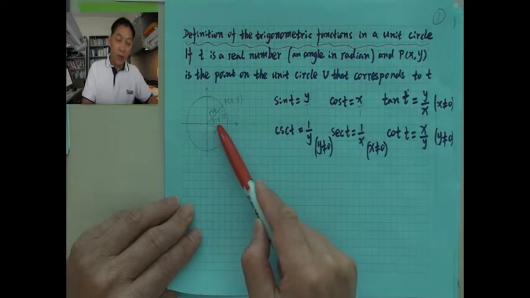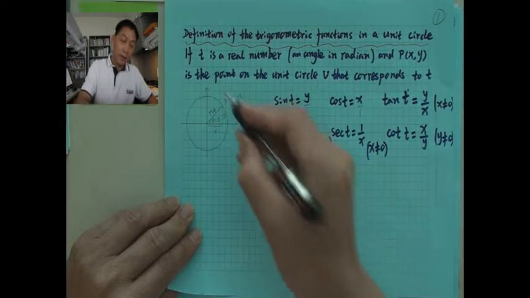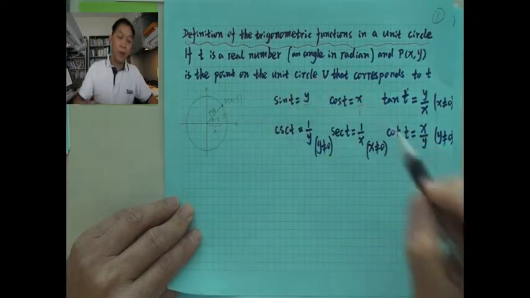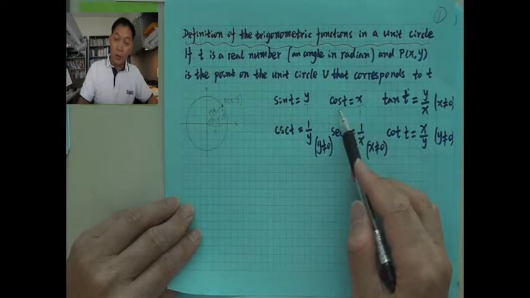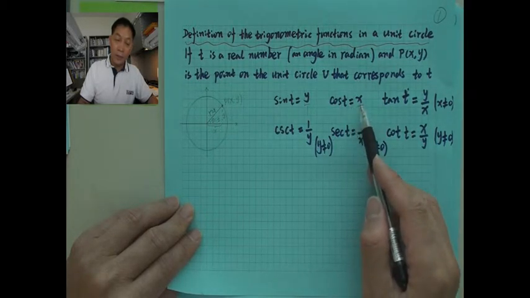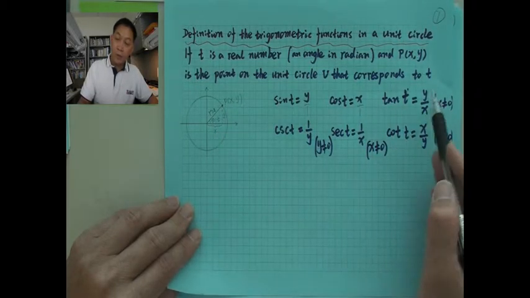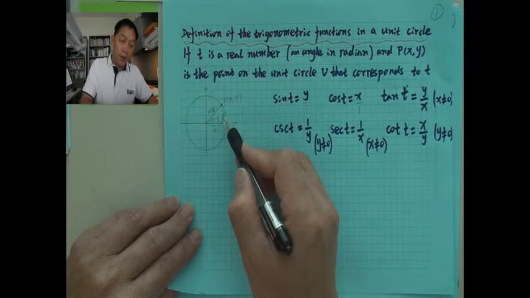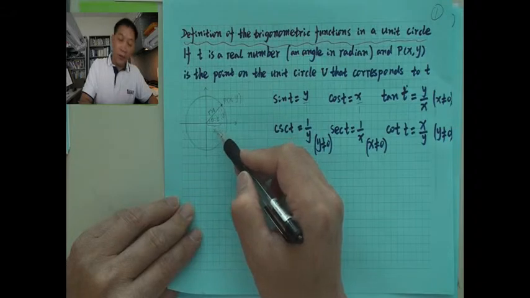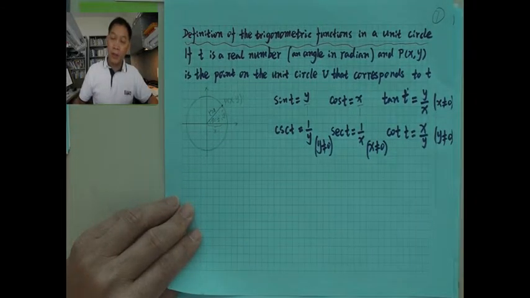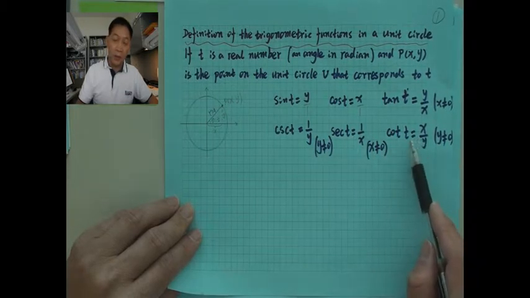And the x coordinate of this point P is going to be cosine t. And then the ratio y over x, this length over this length, is going to be tangent t. Again, the rest are just the reciprocals of the above.